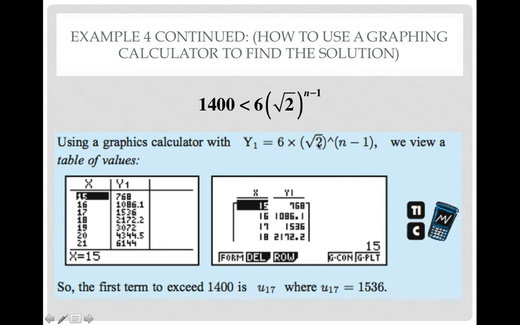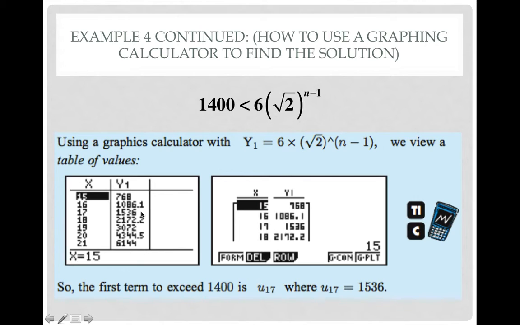So here was our inequality, and we're going to type this portion of it in to y1, and then we can go to the table and just arrow down until you see when the number gets bigger than 1,400. I can see between 16 and 17, somewhere in there, it gets bigger than 1,400. So the 17th term is the first term where I get a value that's greater than 1,400. Okay?